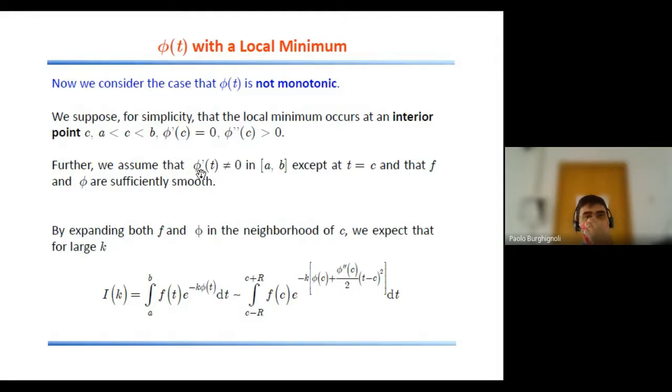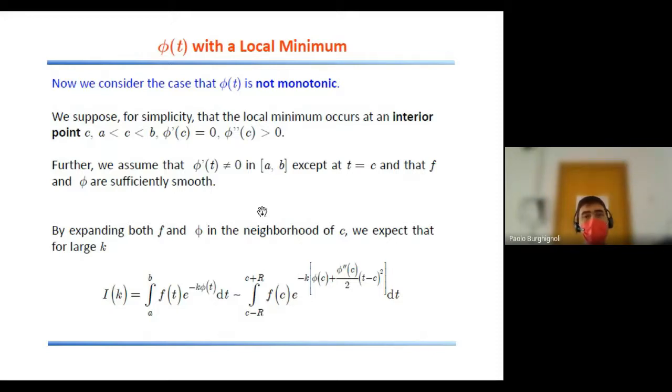And furthermore, that the functions f and phi are sufficiently smooth in order to be able to perform all the manipulations that we will do. Now, again, we will expand both functions in the neighborhood of c, which is the point from which we expect the dominant asymptotics comes.